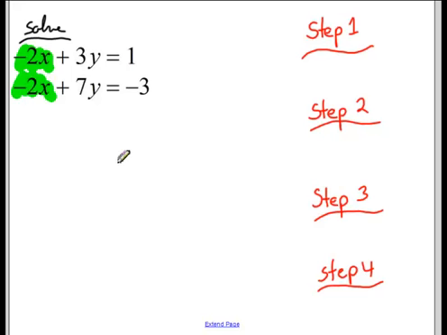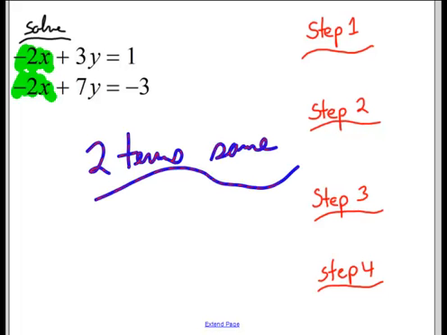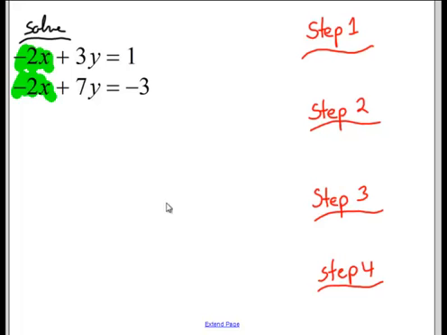If you have two terms that are the same, you should think elimination, because it'll be easy to solve for your other variable. In this case, the x's have the same coefficients, so I'm going to be able to solve for one of my variables very easily.